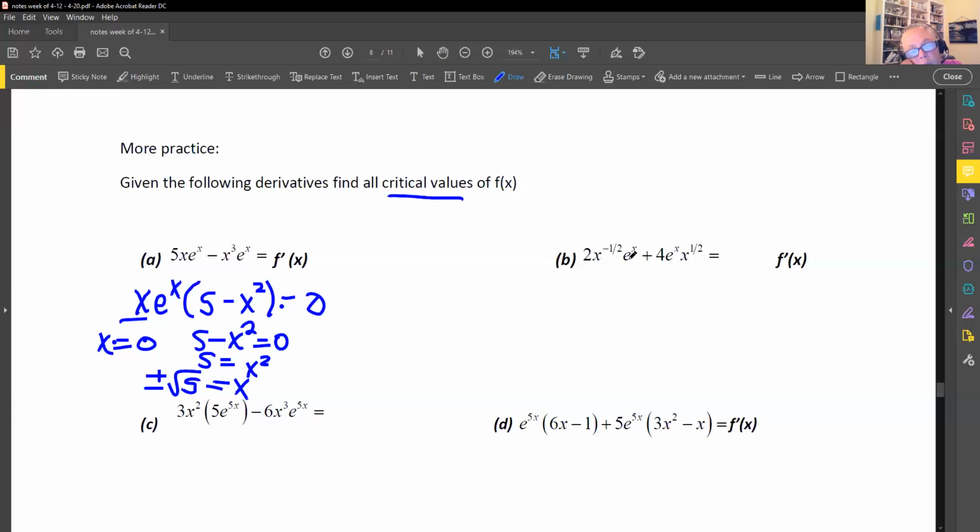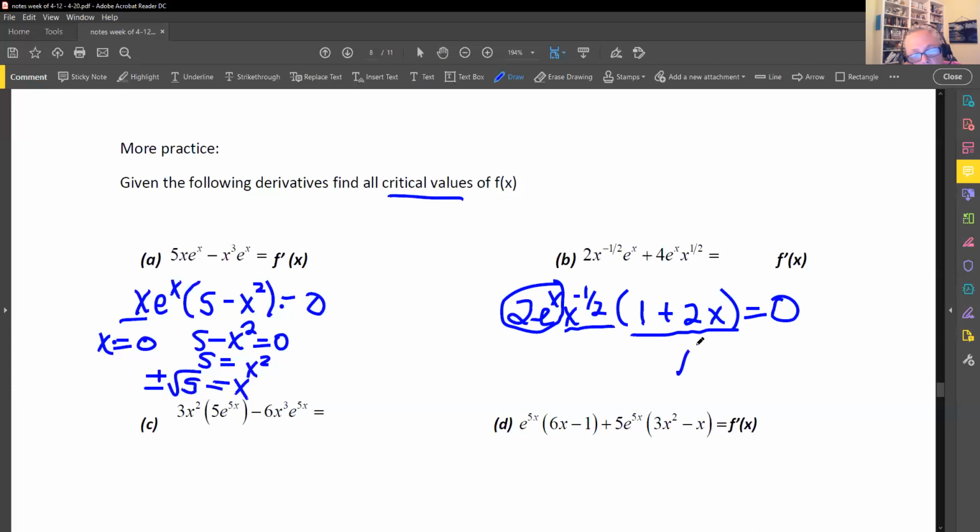So we're going to work with this a little bit. This next one I can factor out a 2. I can factor out e to the x. And I have fractional exponents, so I'm going to take out the most negative fraction. When I do that, this one becomes 1 plus 2x, and 1/2 minus negative 1/2 works out to be a 1, so you can ignore this. x to the negative 1/2, remember, that's going to pull down here and make it x to the 1/2.